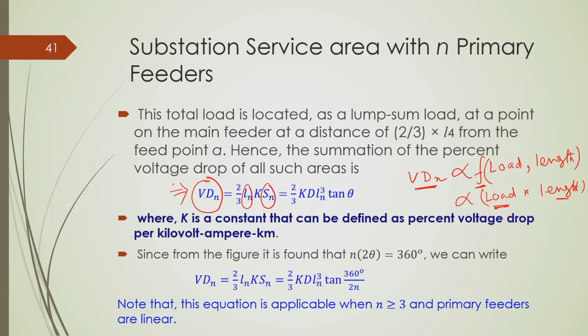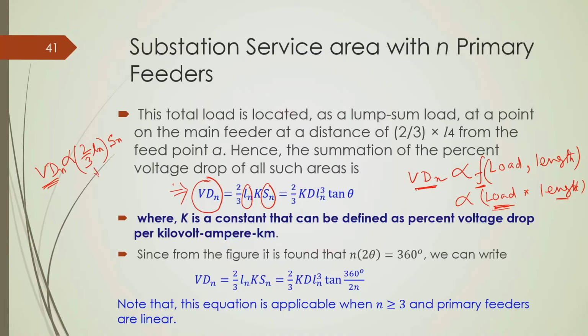Now, since this service area is triangular, we know the effective length of the feeder to compute this voltage drop will be 2/3 of the actual length. So, we can write Vdn is proportional to 2/3 of Ln multiplied by the load demand. Load demand can be represented either by the load current or the load power consumption.